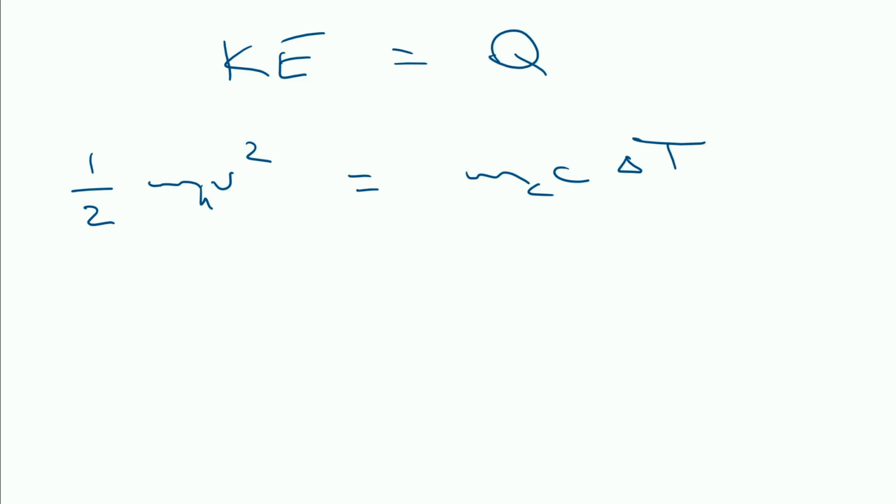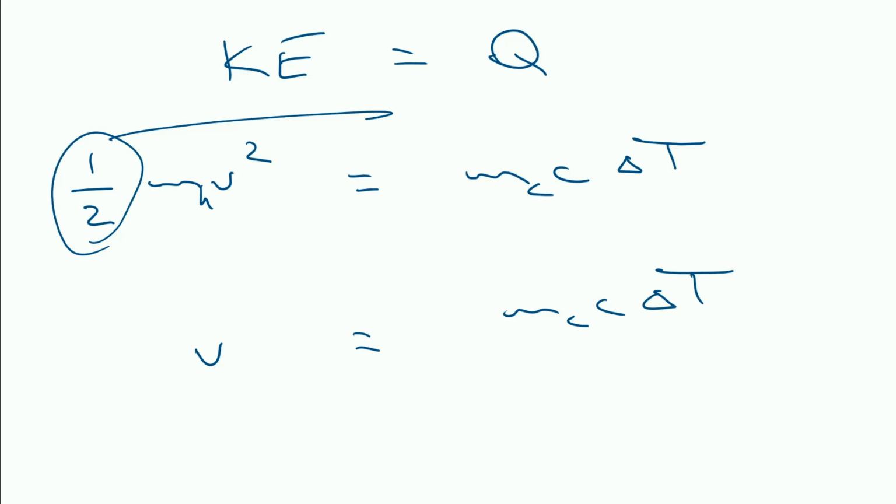Now, let's solve for V. How fast do we actually have to slap that chicken? So V equals what? Well, we started with m_c c delta T, where the m is the mass of the chicken. Now, I don't want the half. I just want to get rid of that.